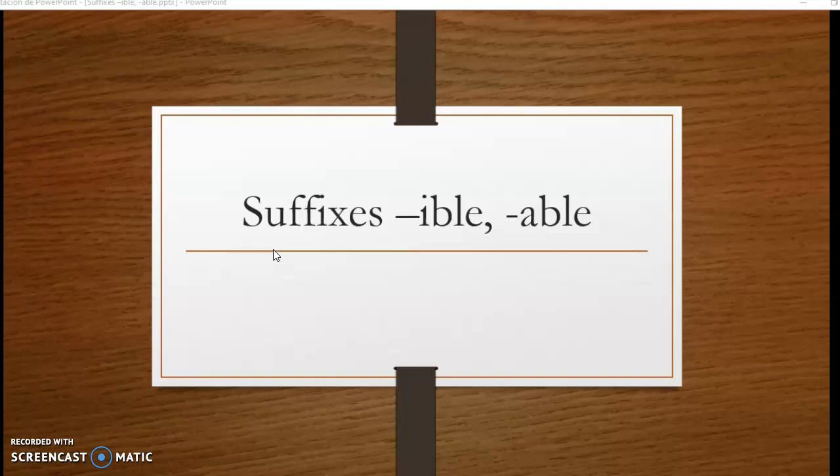So one of your activities today will be to write down the words in your notebook and identify the suffix in every single word. You'll have 20 words, so you'll need to circle the suffix in each word. Okay, but this is the next activity. So first, let's review their meaning.